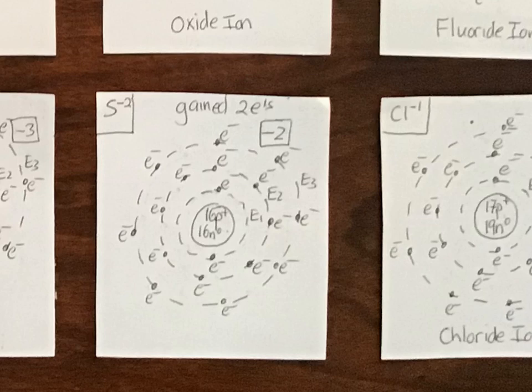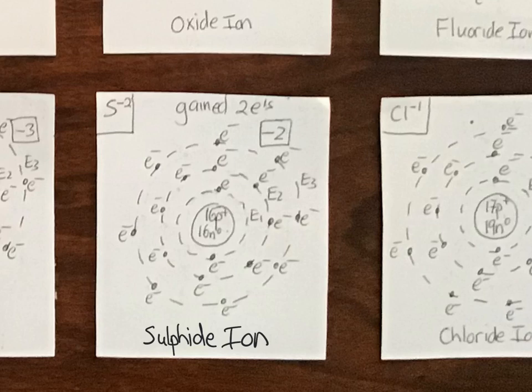Always count your positives and your negatives. 16 positives and 2 plus 8 is 10, plus 8 is 18. 18 negatives, 16 positives means there's a 2 negative surplus, and that's what it should be. This is a sulfide ion, S-2. So we should have it here as a sulfide ion.